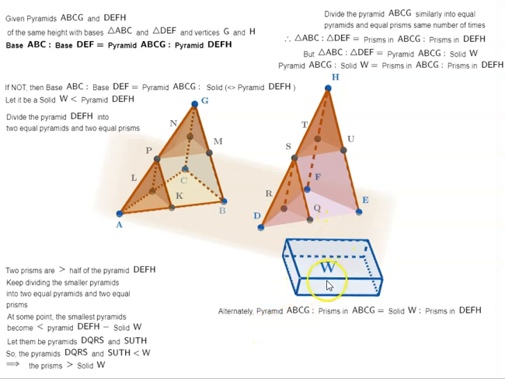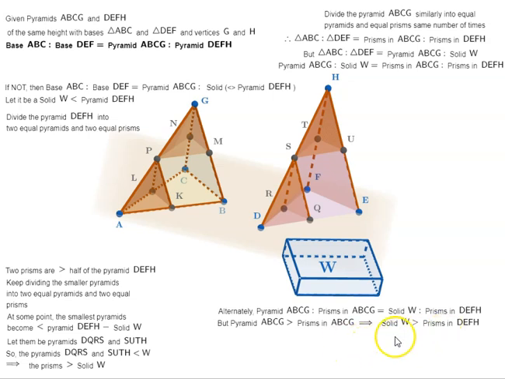Alternately, we can say pyramid ABCG is to prisms in ABCG as solid W is to prisms in DEFH. Now, pyramid ABCG is greater than the prisms in ABCG, which implies solid W is also greater than prisms in DEFH.